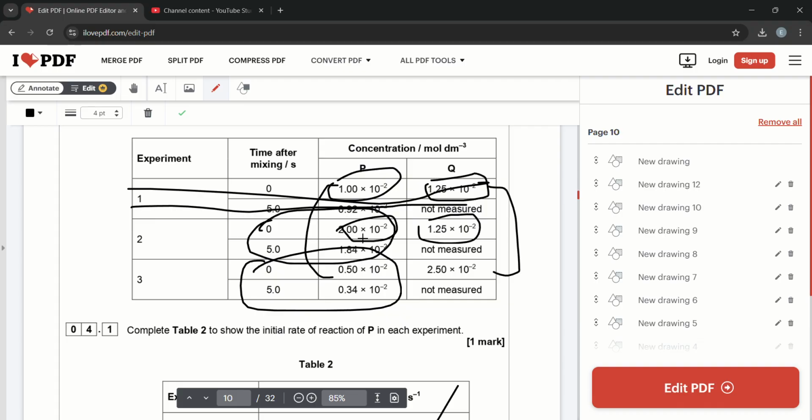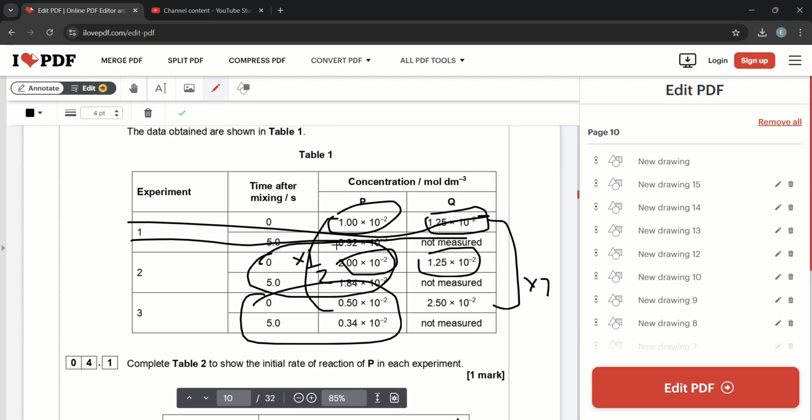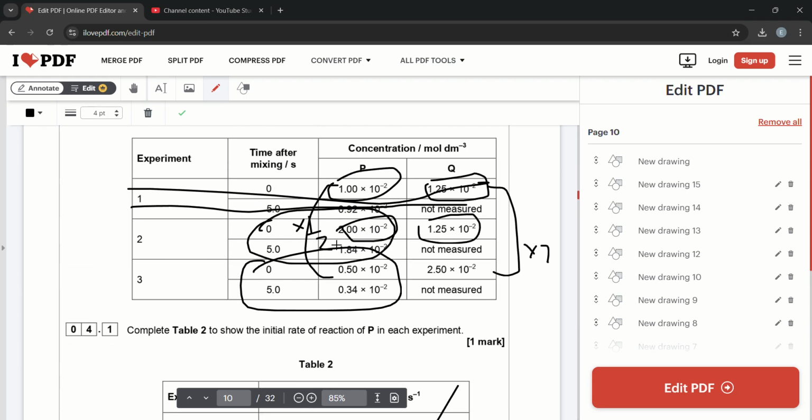So we're timesing by a half here, here we're timesing by 2, right? And we know to get from experiment 1 to 3, we double it. So this is 2, this is a half.